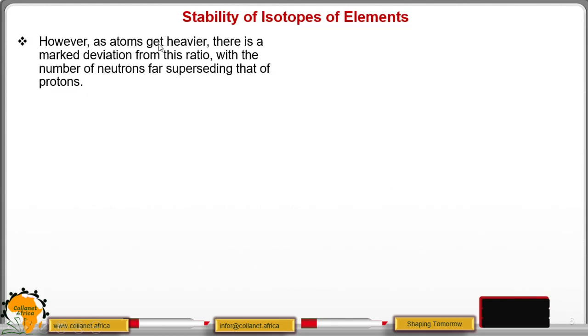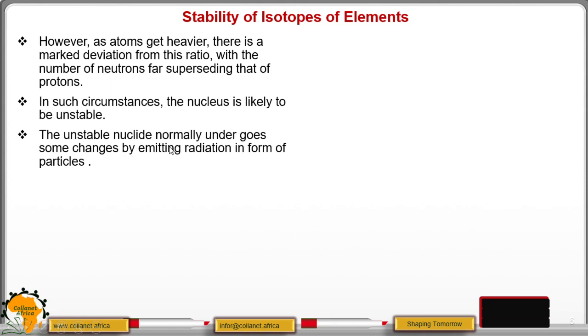Now, as atoms get heavier, there is a marked deviation from this neutron to proton ratio, where the number of neutrons increases and supersedes that of protons. And when that happens, the nucleus is likely to be unstable. And when you have an unstable nuclide, it has to undergo some changes.